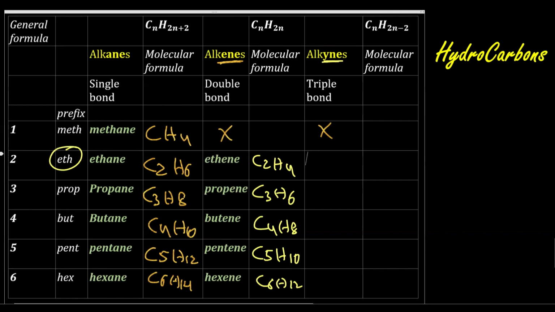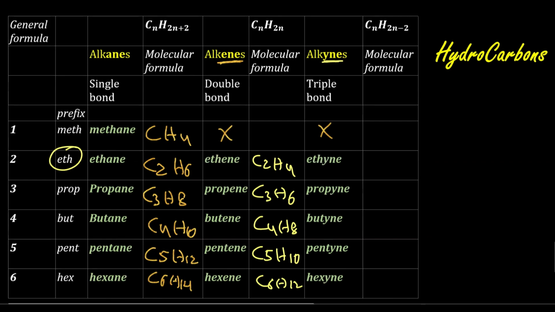The name of the compound will be eth as the prefix and yne as the suffix, ethyne. In the same way, propyne, prop and then yne, then butyne. For five carbon atoms, it's pent as the prefix and yne as the suffix, pentyne. And for hex, it's hexyne.